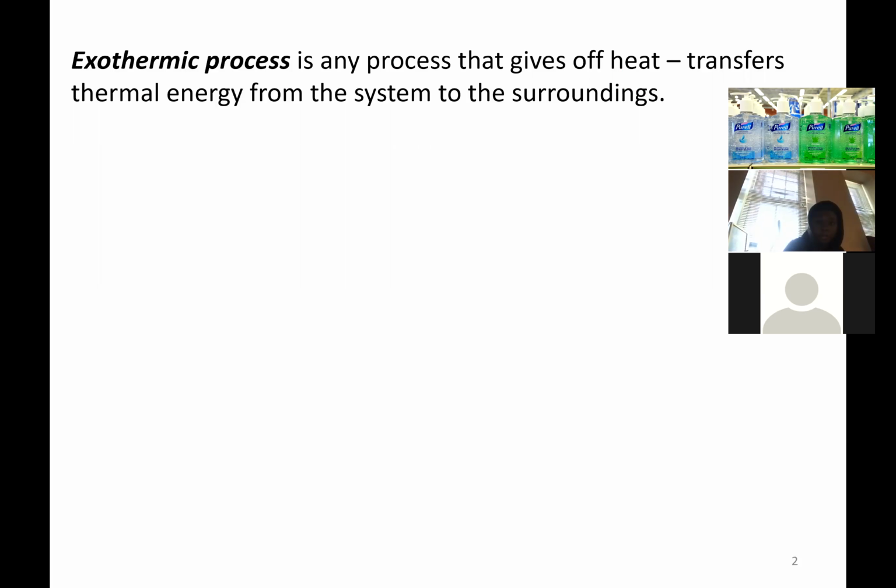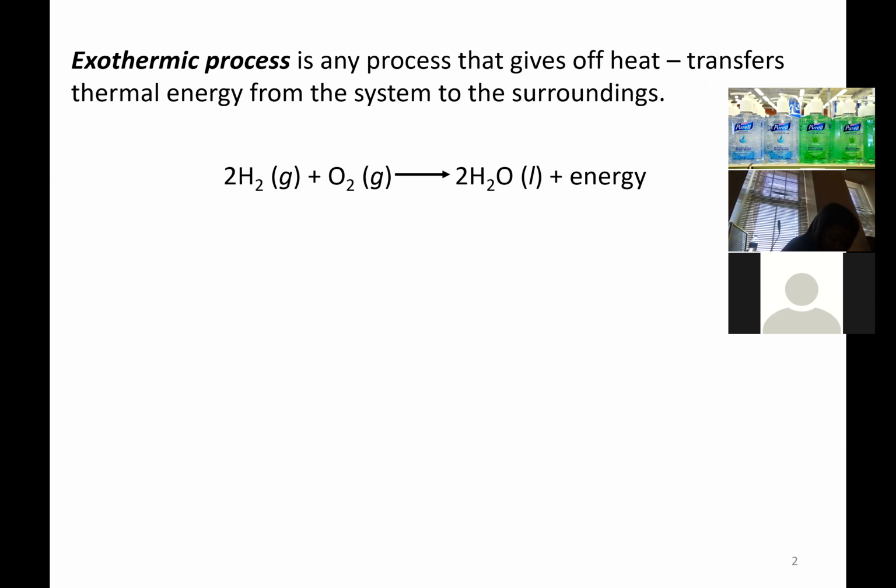Since we know what a system is, let me show you a particular reaction. We now have to classify what type of processes are happening in these systems. You have something called an exothermic process. Remember, everything is in view from the system. The system right now is the reaction that you see on the screen.